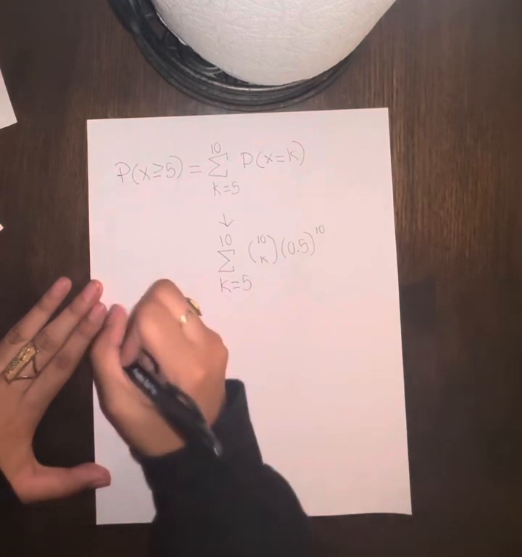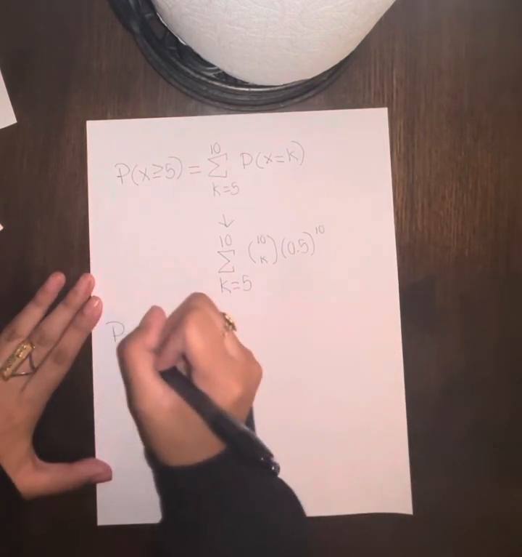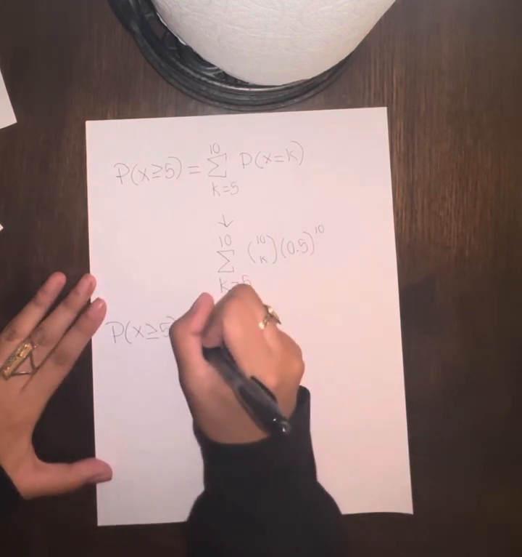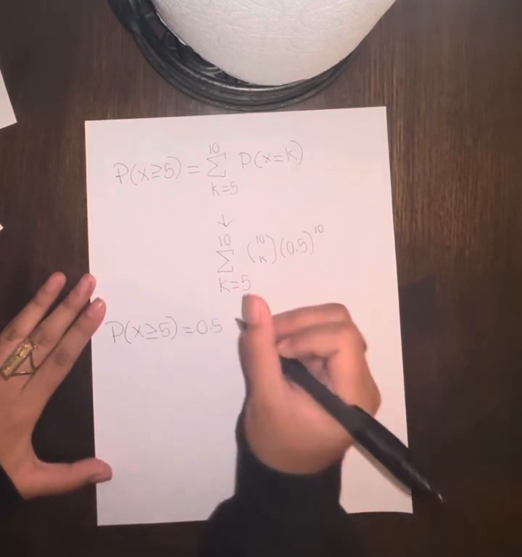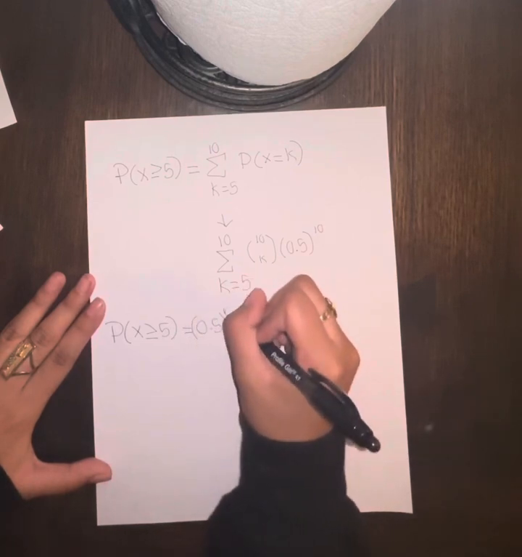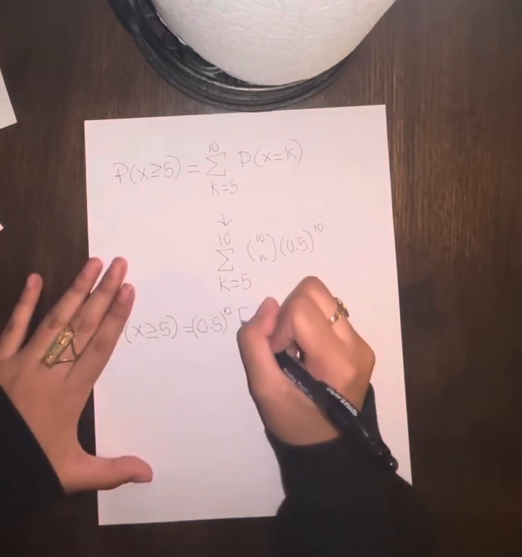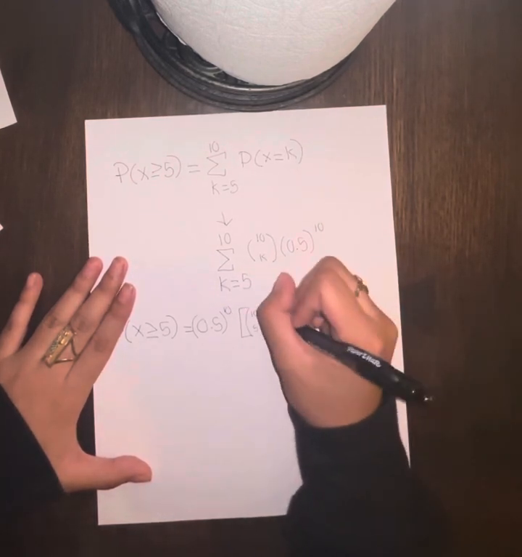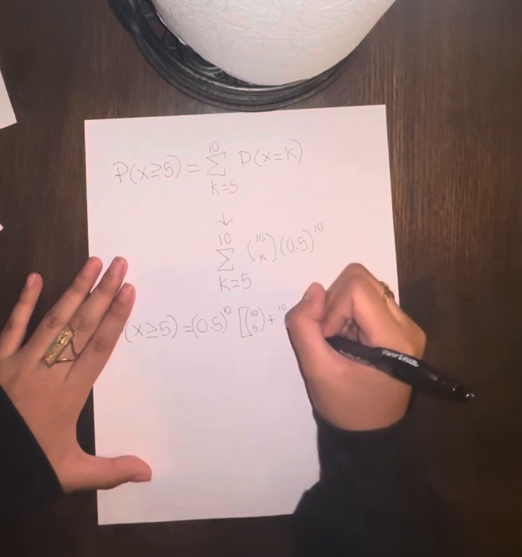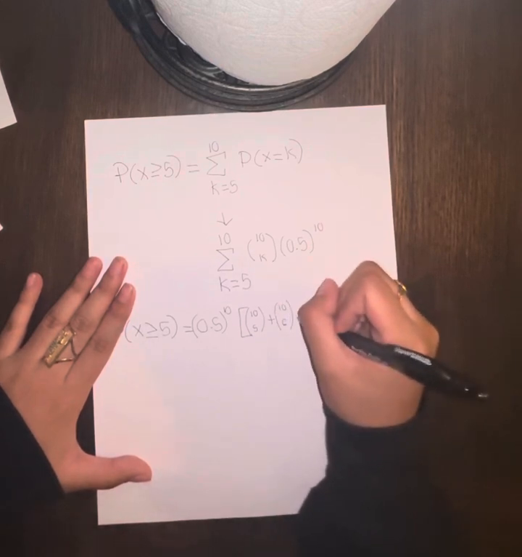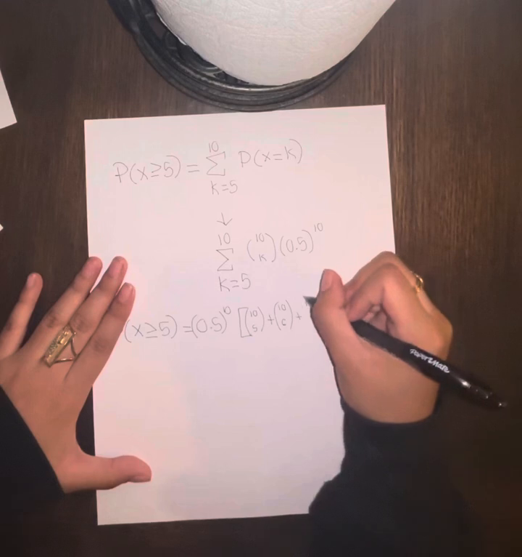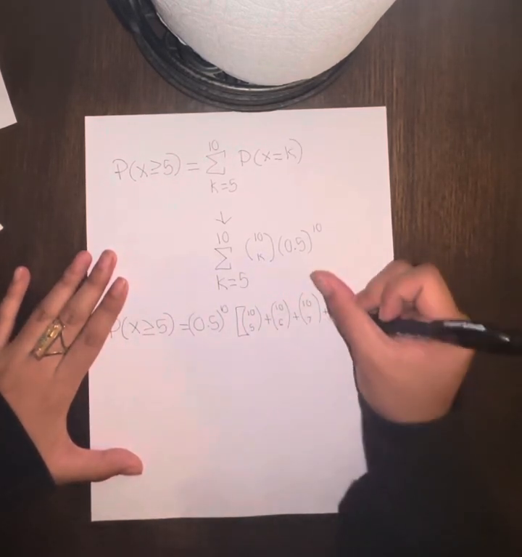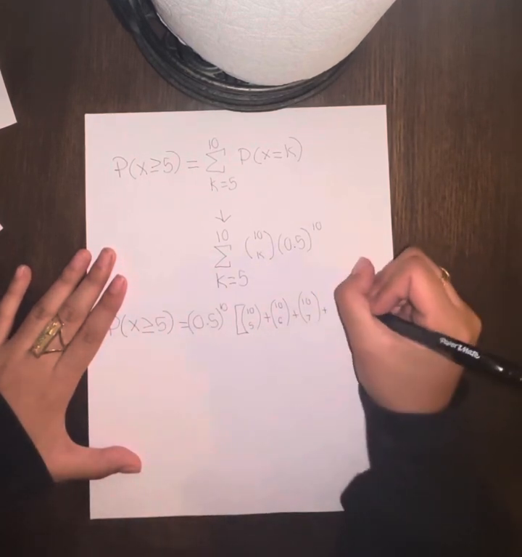So now you can do this. And then you factor it out, which is you start at 5 and you end off at 10. So this is basically just 10 choose 5 and continues up until 10.